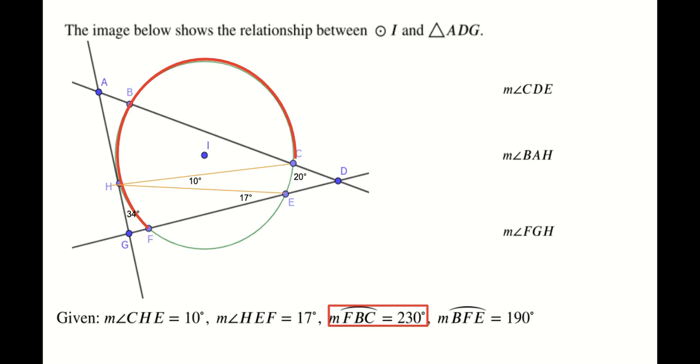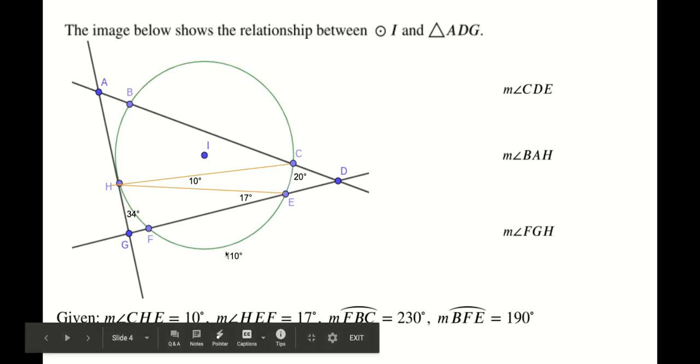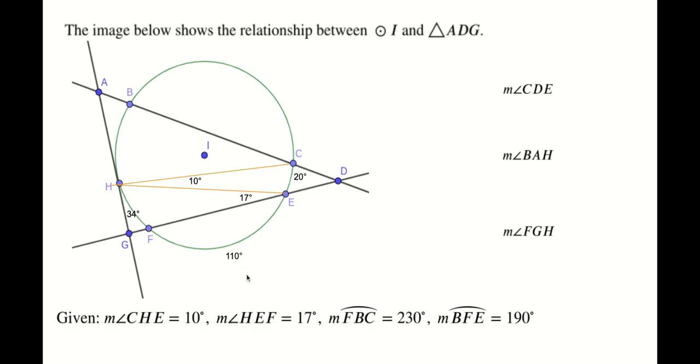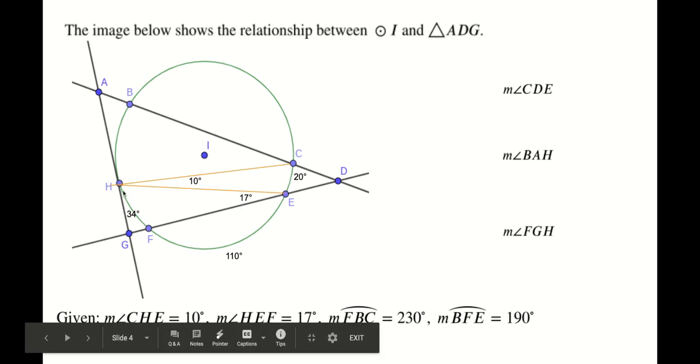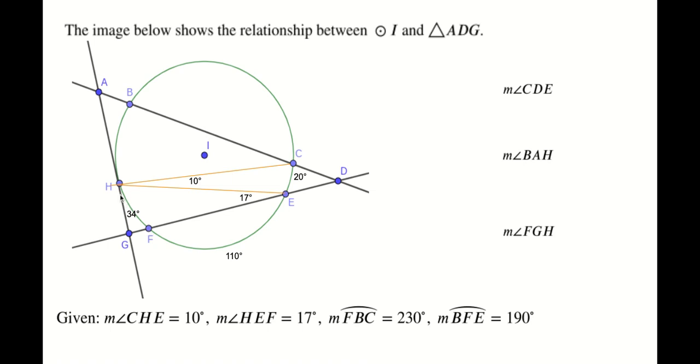Now let's take a look at FBC, which is 230 degrees. I know that FE must be 110. So I have 34 from F to H, and FBC, which is 230.